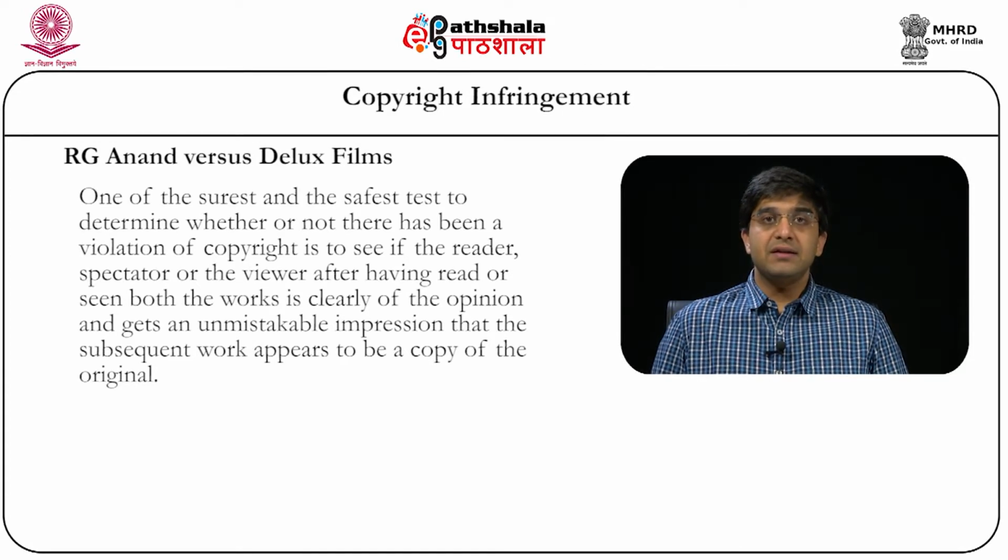Therefore, it seems that the Supreme Court wants a viewer or a spectator to see both the works and then decide from his point of view whether he would consider them to be copies of each other.